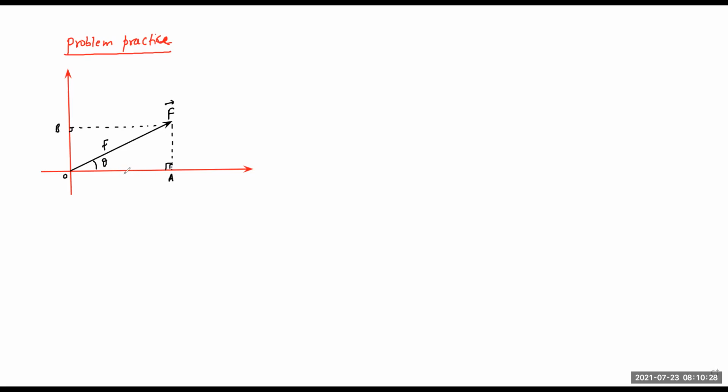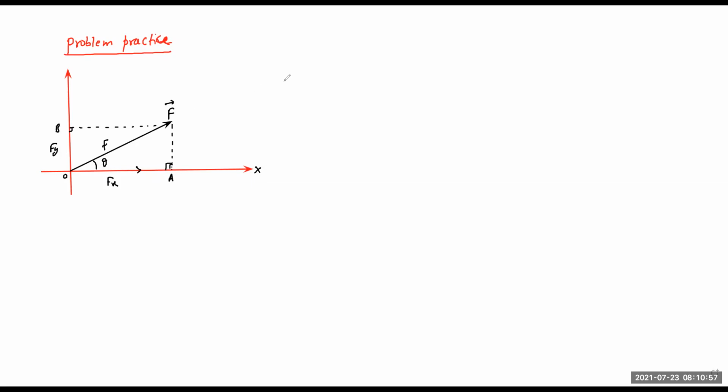What we are supposed to evaluate is the length of OA, and the length of OA we call Fx, because that's the projection on the x-axis, or the length of the perpendicular on the x-axis. Similarly, the length OB we call Fy. This is the subscript notation. Nothing more, nothing less. It is just a notation. Fx means F sub x.